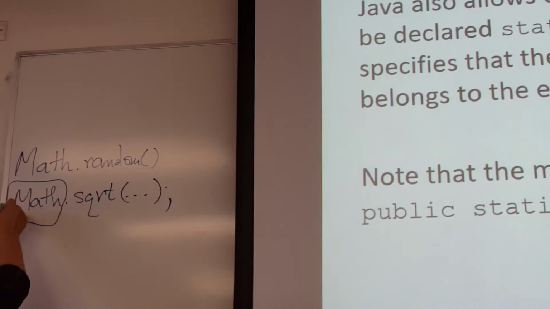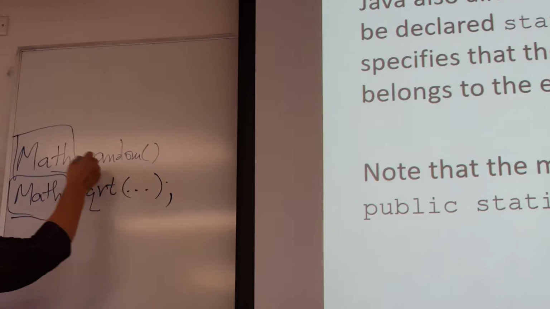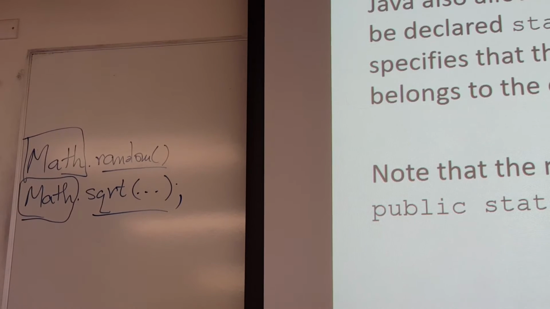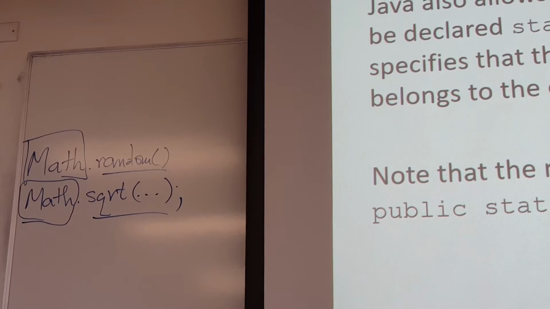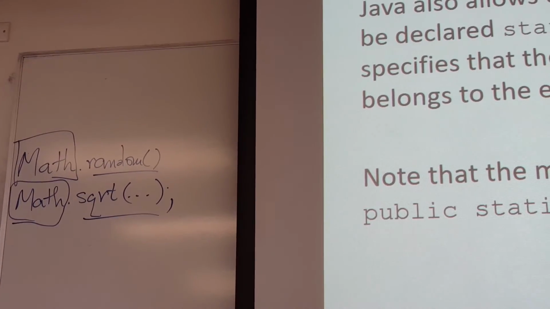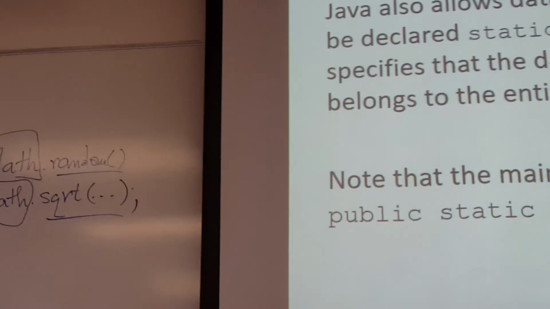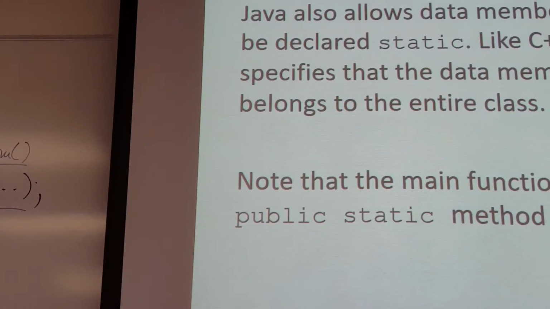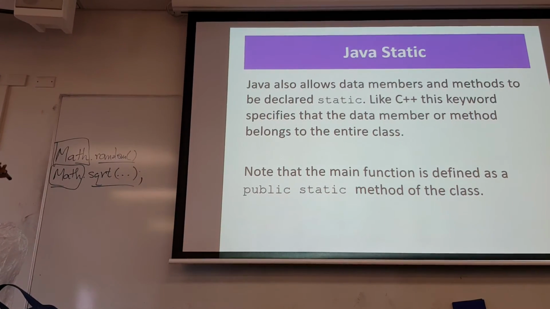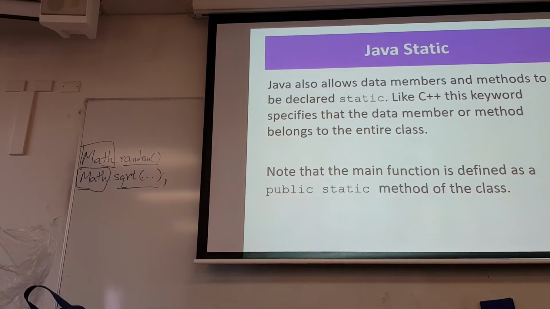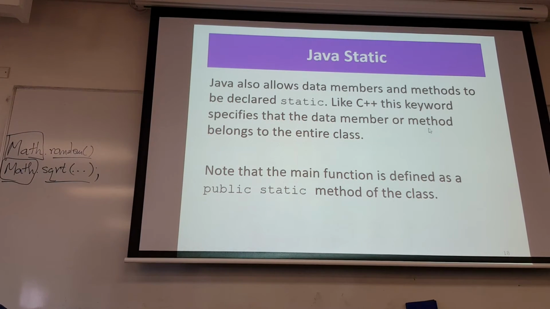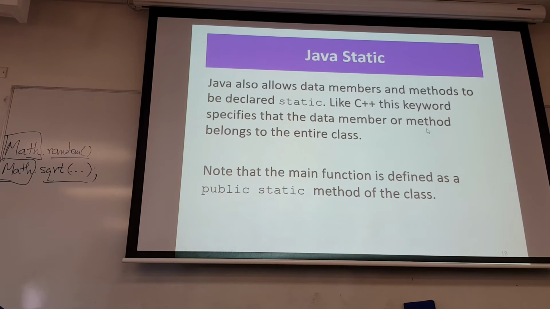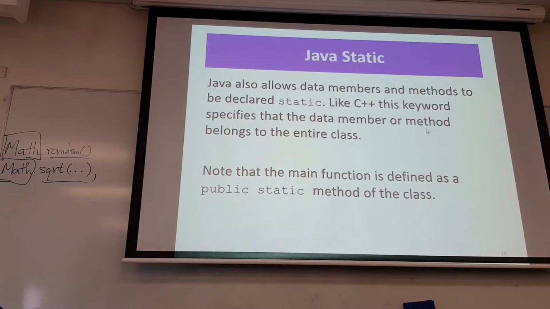These are classes, and they come with methods which are associated to the classes themselves. And they are always public static in order to be available to the outside world. And the most used public static was main.